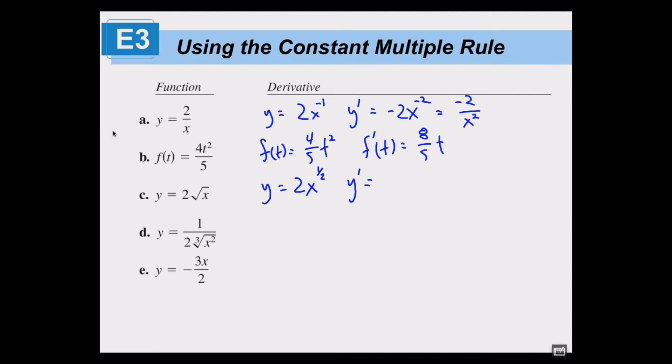There's more than that. To the negative 1/2. X to the negative 1/2. 1/2 times 2 is 1. Reduce the power by 1. 1/2 minus 1 is negative 1/2, which then becomes 1 over x to the 1/2. Or if you're feeling saucy, 1 over the square root of x. Same thing.